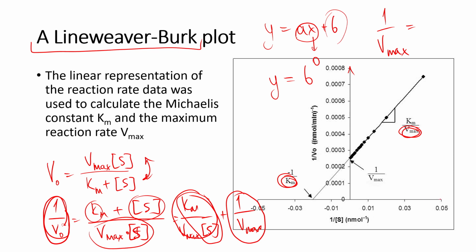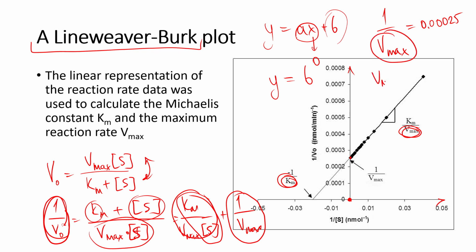So this is the y-axis when we have x equal to 0. For example, for this particular graph, it is about 0.0025. So what would be the real meaning of this Vmax?